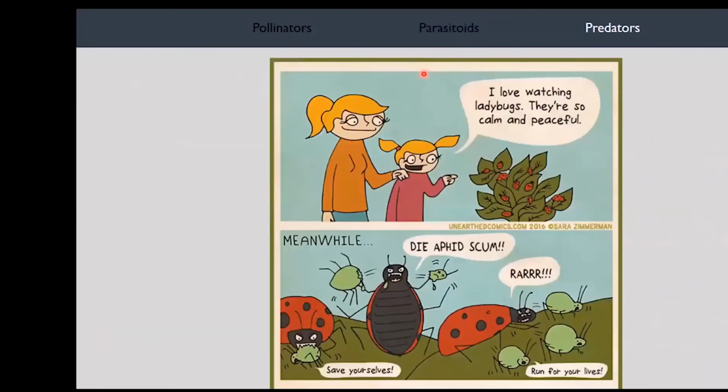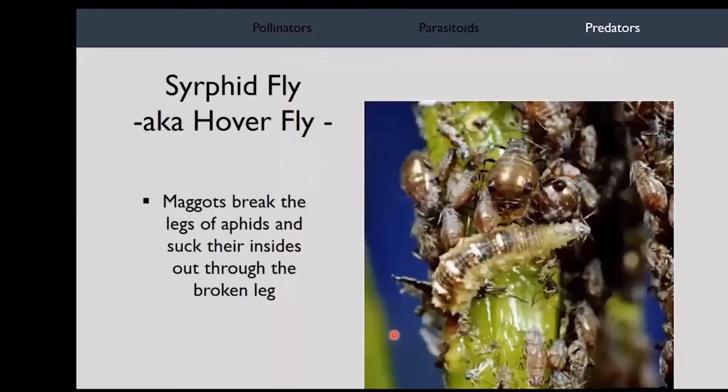So predators, this is what it's all about here. You'll see these cute little lady beetles. I love watching them. They're so calm and peaceful. But when we get down to it, they have chewing mouth parts, right? So they're going to be going around eating just about everything they can see. So we'll go through a few predators to keep an eye out for. And one of those is the hoverfly.